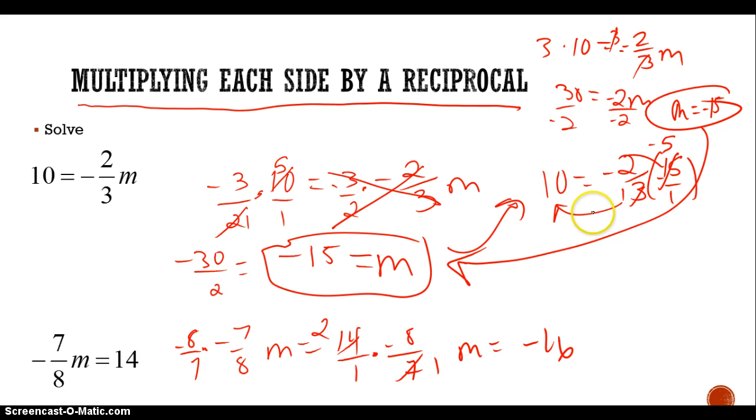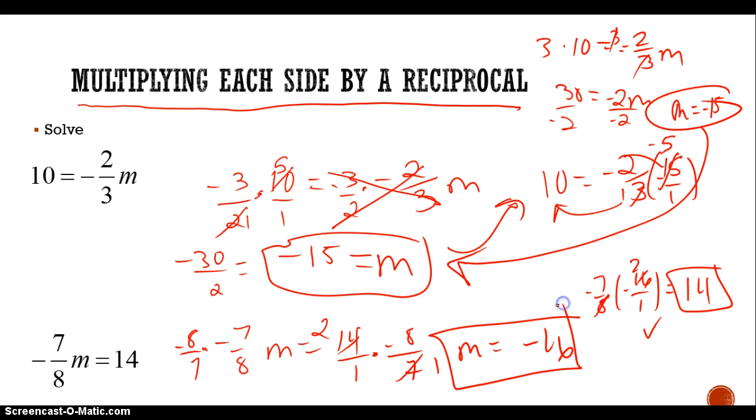So plug negative 16 back in, you get negative 7 over 8 times negative 16. I usually like to make it over 1 because you're going to cross reduce anyway. So cross reduce, so negative 7 times negative 2 is 14, so it checks out. Okay, so always plug your answer back in to double check your work.